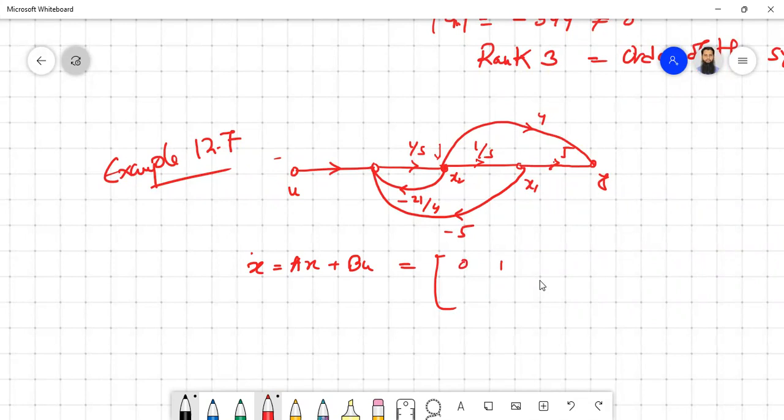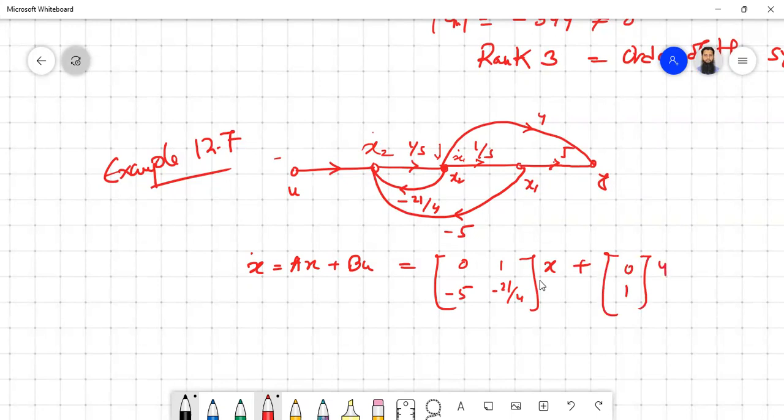And x2 dot: the input you have, then you have minus 21 by 4 x2, as well as a feedback from x1 with minus 5. So A is [0, 1; -5, -21/4], and the input is going to the second one, so B is [0, 1].